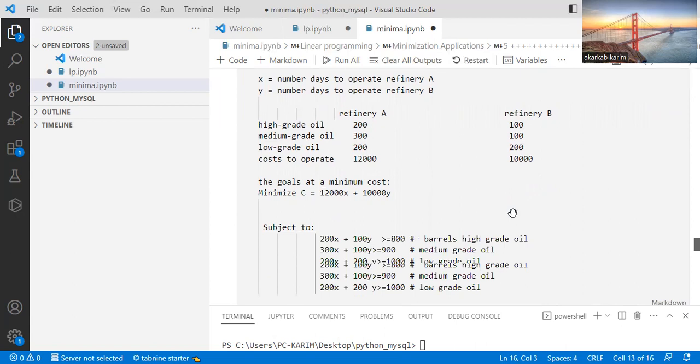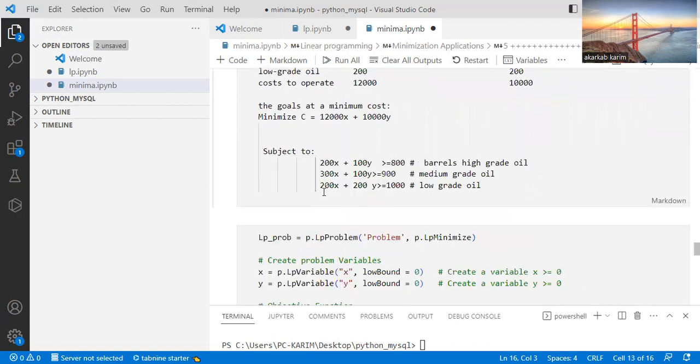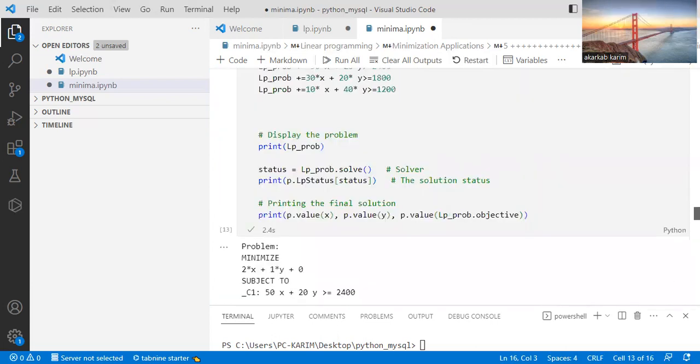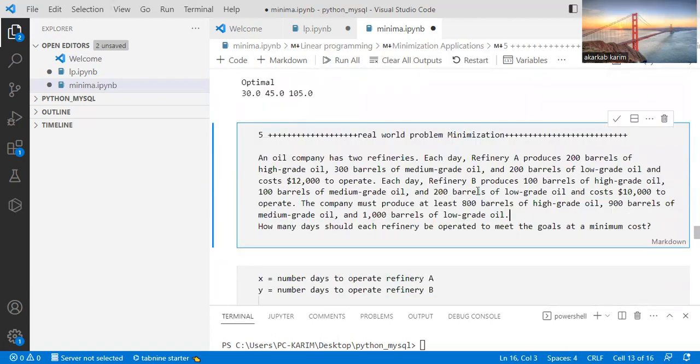Well, we create these constraints here. 200x plus 100y is required to be at least 800, because at least we have 800 barrels of high grade oil, 900 barrels of medium grade oil, and 1,000 barrels of low grade oil.